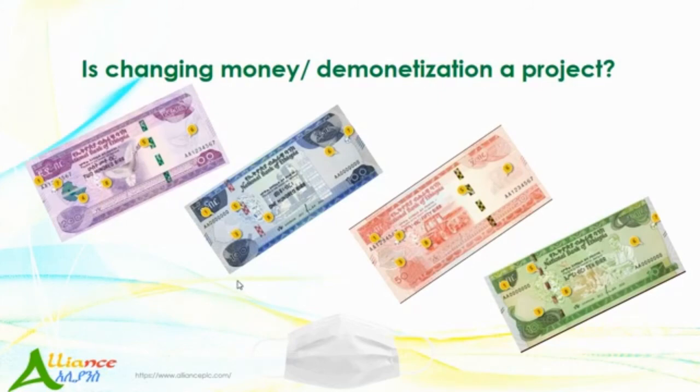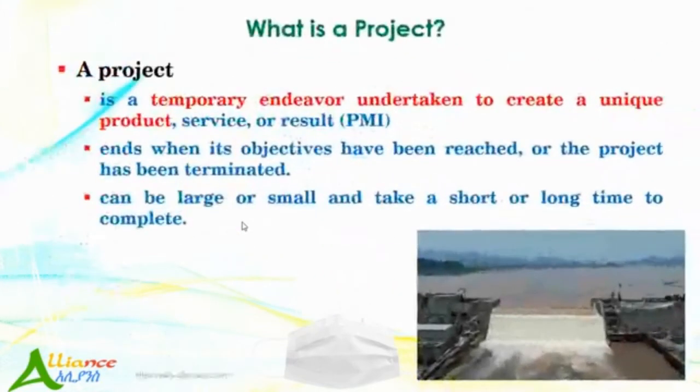So it's going to be a common activity or a common operation. But up to 3 months, it's going to be a project. So projects are unique and temporary, which means they have starting and ending time.